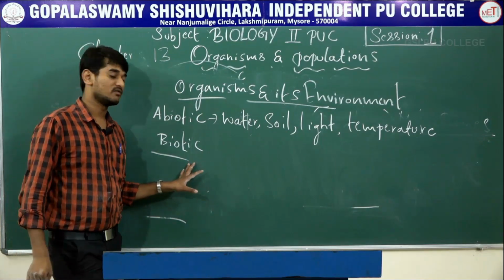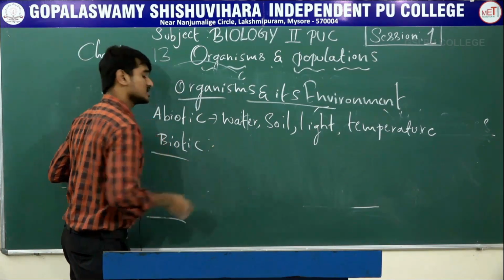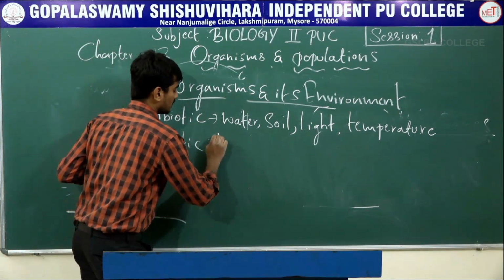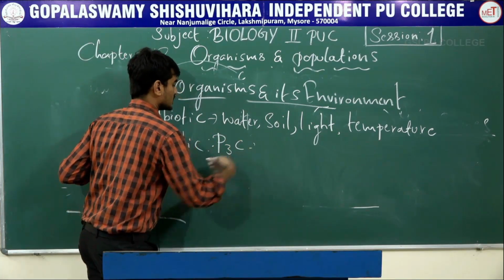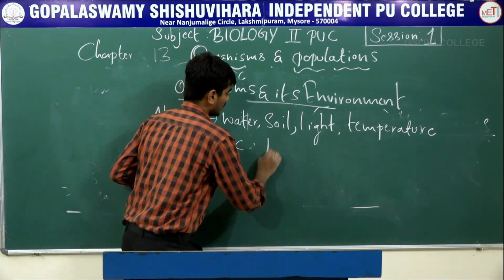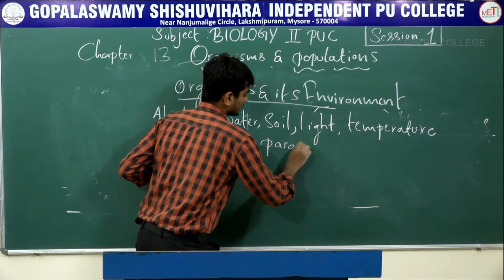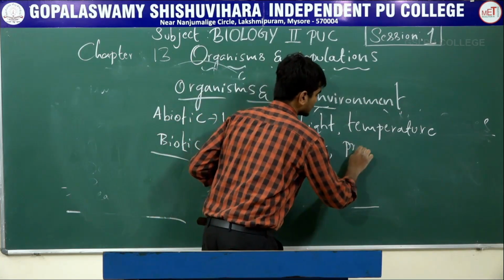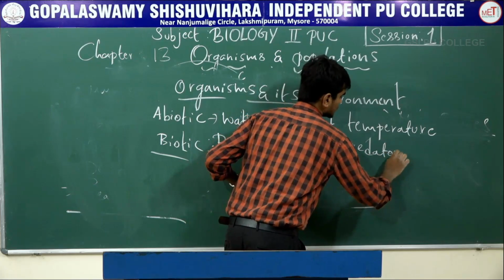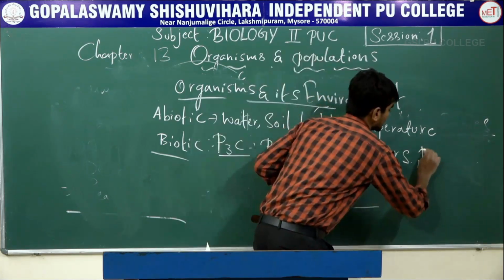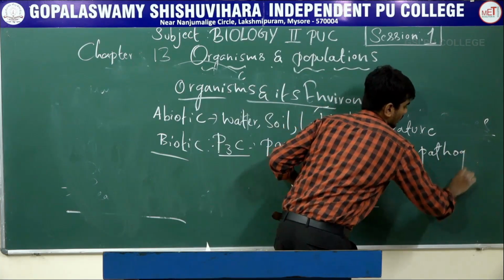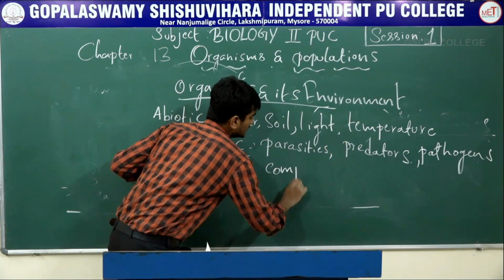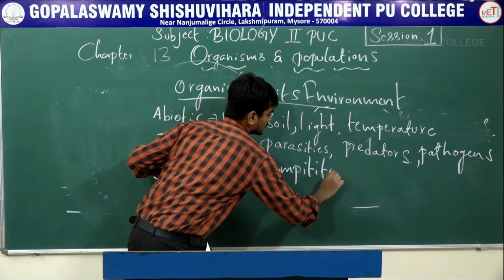I will give a simple key to remember the biotic components: P3C, which means parasites, predators, pathogens and competitors.